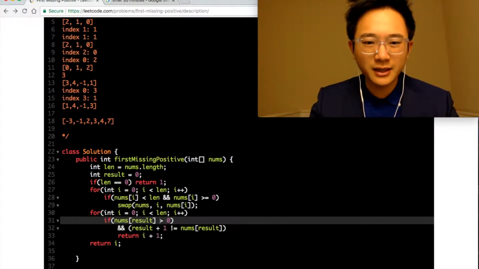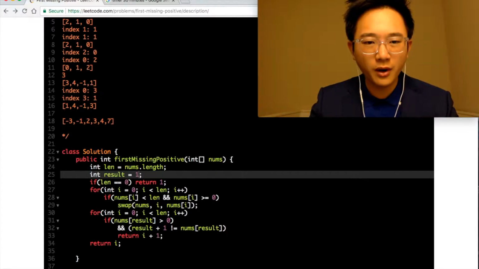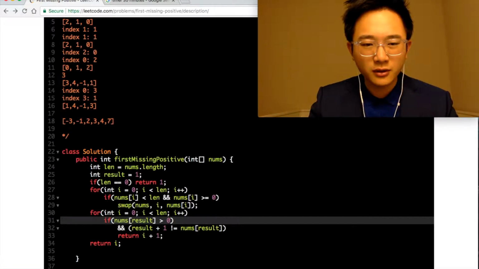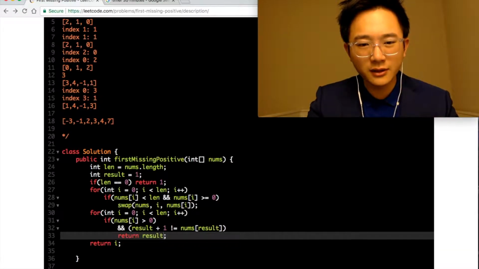So if it's larger than 0, actually the result should be 1. So if i is larger than 0, then we should check and return result.